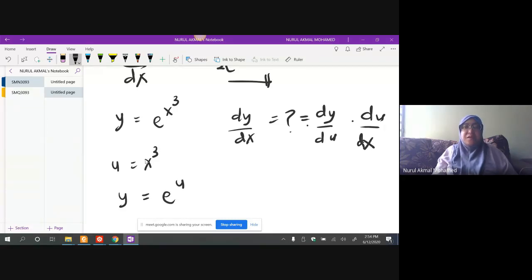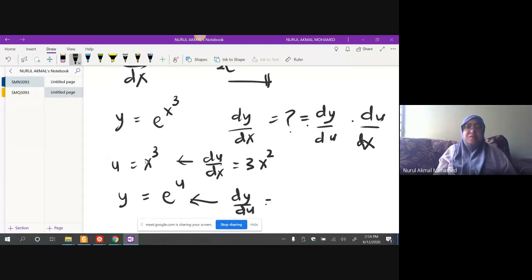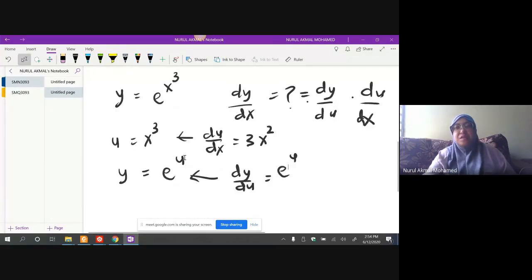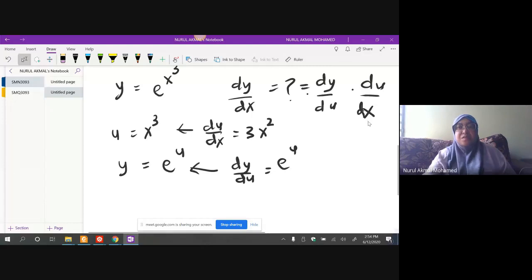So what is du/dx? Your du/dx will be 3x squared, and dy/du is equal to e to the power of u. Then you substitute it here.